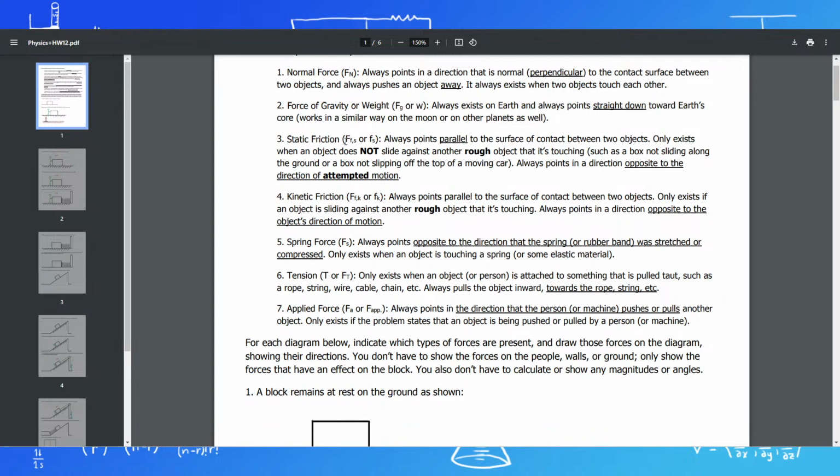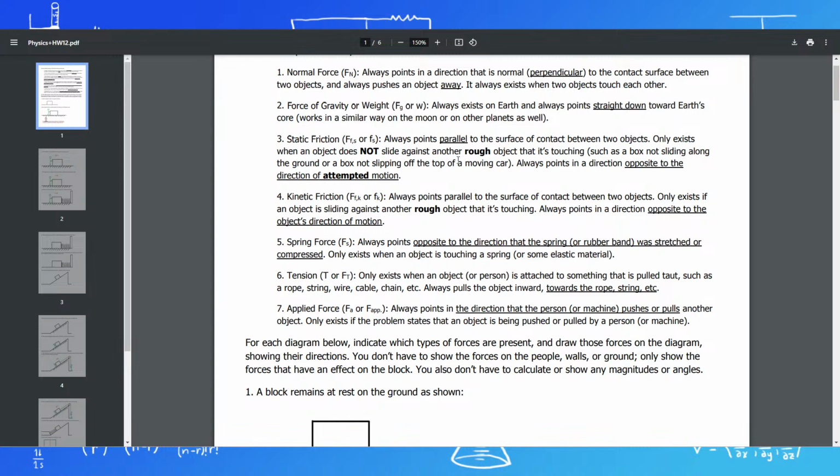Anyway, static friction. So I like to represent it like this: force and then a lowercase f, comma s. The lowercase f stands for friction, and then the s stands for static. The force of static friction always points parallel to the surface of contact between two objects.